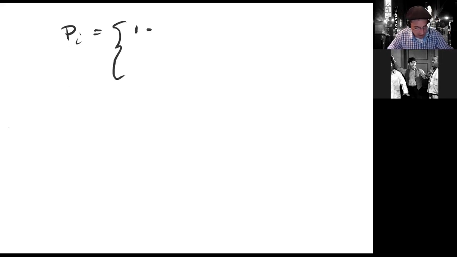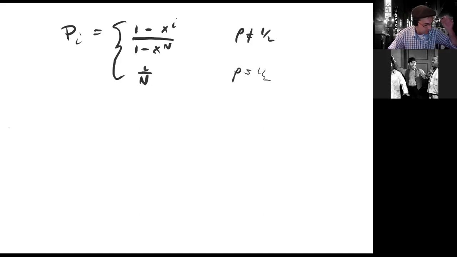It's 1 minus x. Well, I'll write x as Q over P for now. No, let me write it as x. (1 minus x to the I) over (1 minus x to the n) if P is not a half. And if P is a half, it becomes I over n. Okay. So that is what PI is.